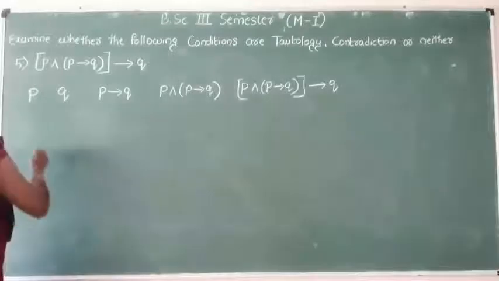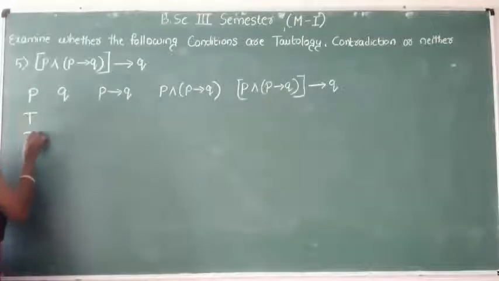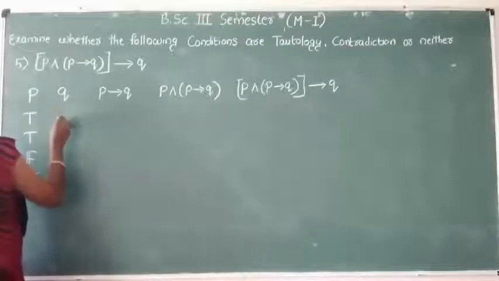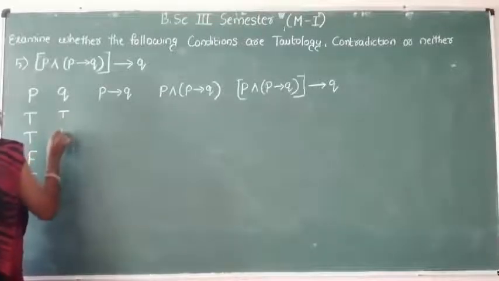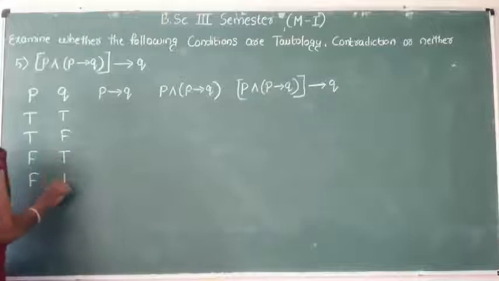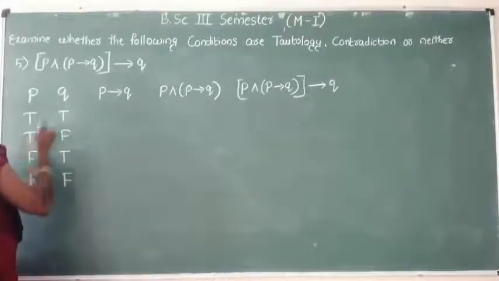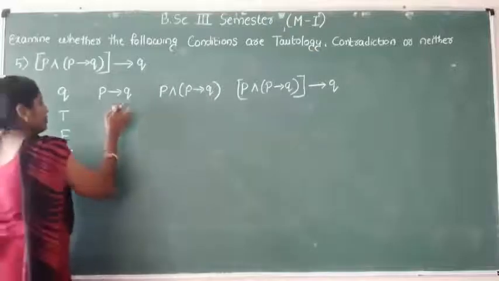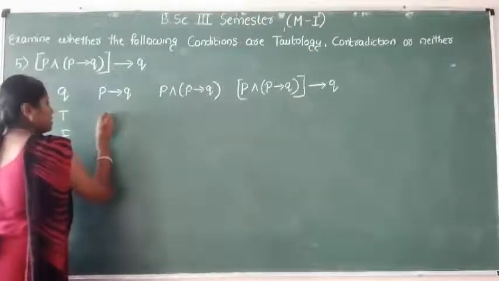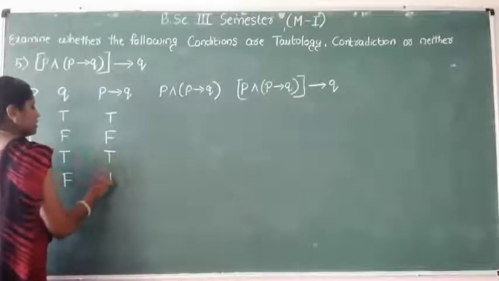Right? So solve first. Two true statements, two false statements. In the Q condition, one true, one false, one true, one false. P implies Q: if P is true and Q is false, then P implies Q is false. In other cases, it is true.